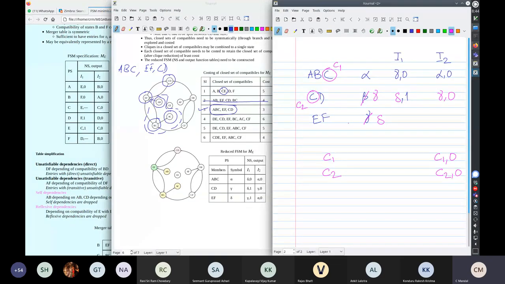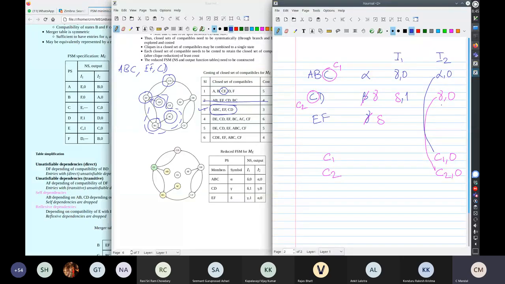So let us consider, so here what you can see is that C2, when you get I2, you are going back to gamma. So that is C2, you can say. And this one, we like to put in blue, this one is C1.